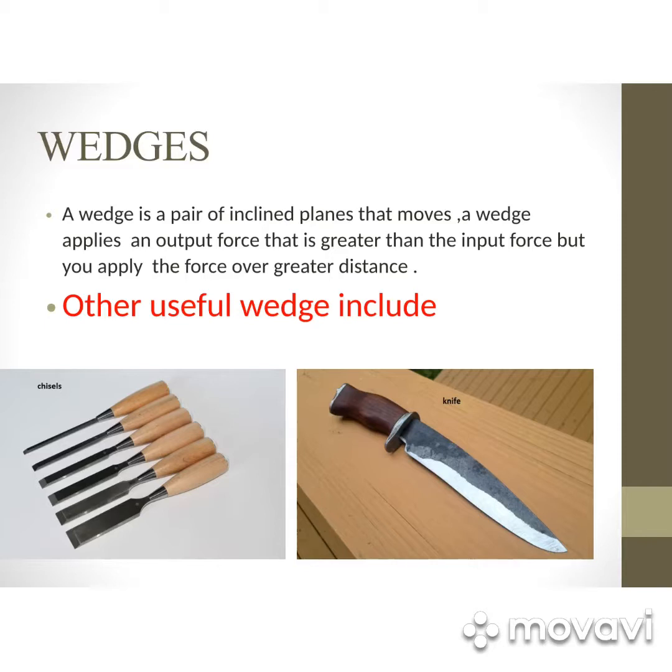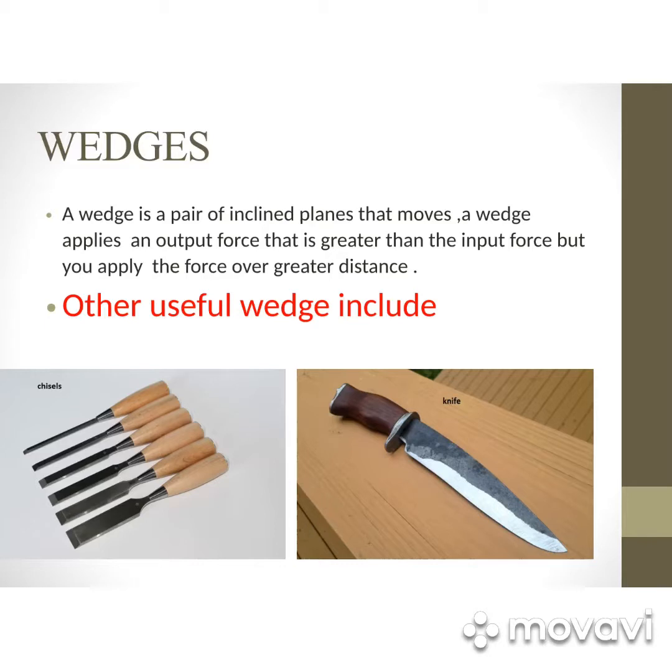For example, a knife is a wedge. An axe is a wedge. Basically, we use a wedge for cutting. So it is composed of two inclined planes, and it can move and cut things.